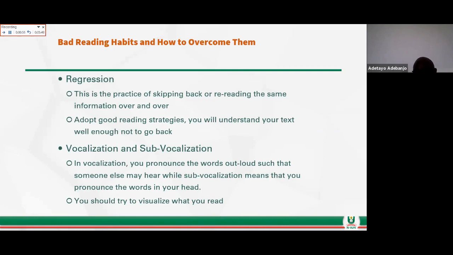I don't know. What do we do? There are things that will not allow you to have that good habit, that will debar you. They call them barriers to reading.